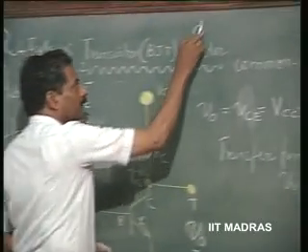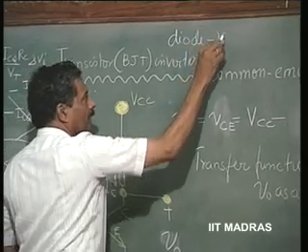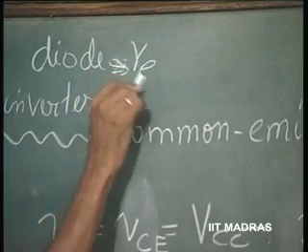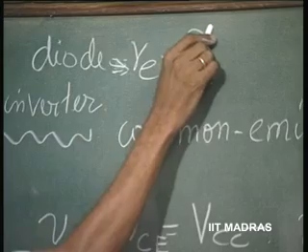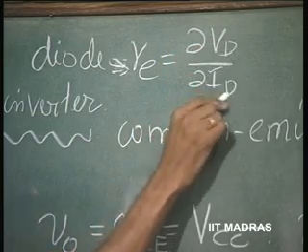Diode small signal resistance is nothing but Re, which is delta V diode by delta I diode.